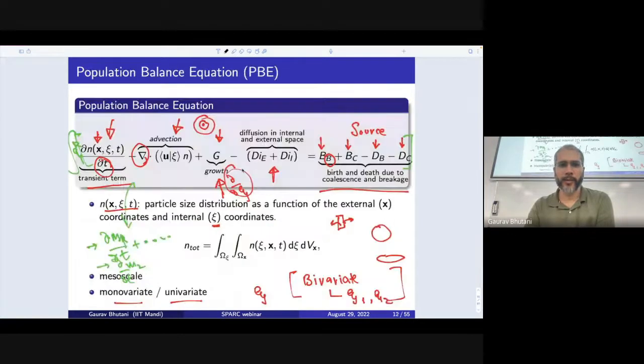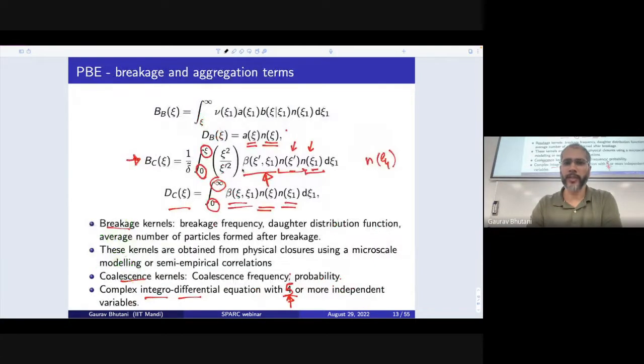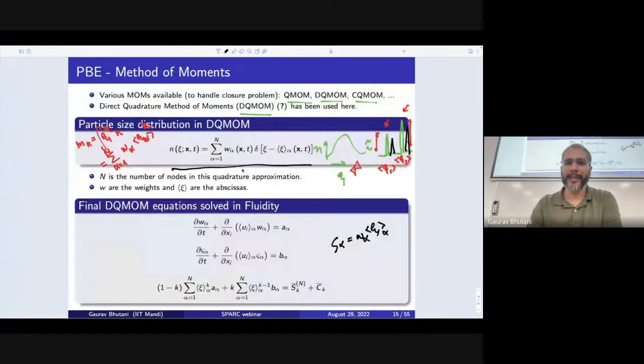Going back, this was our population balance equation, where the right hand side terms are all integrals. Birth and death functions are integrals as represented like this. When you substitute this n, it's a very rigorous mathematical exercise. But when you do that, the problem becomes simply transporting our weights and abscissas in space and time. And once you understand how the weights and abscissas change in space and time, you know how n changes in space and time.